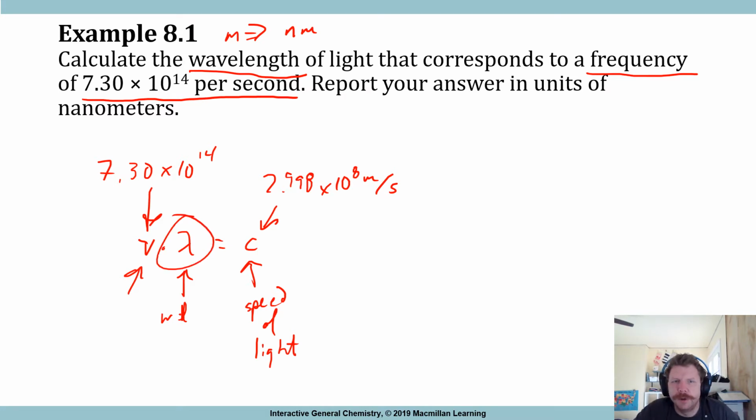This is our unknown. All we really need to do is rearrange this to say wavelength is equal to c divided by nu.